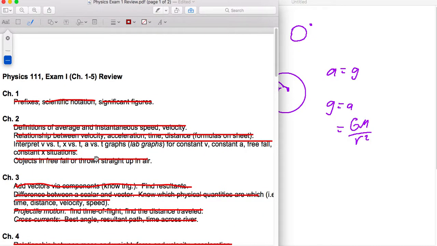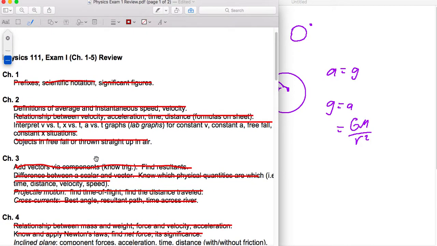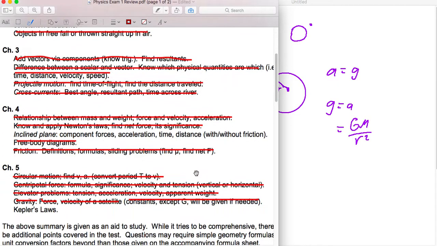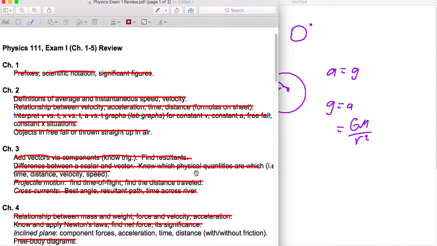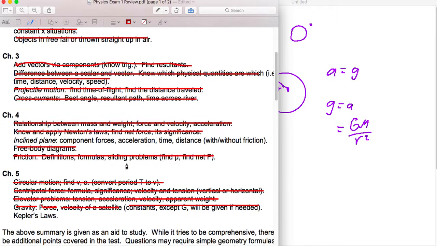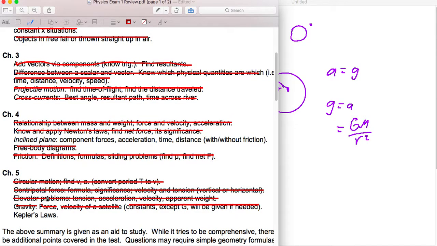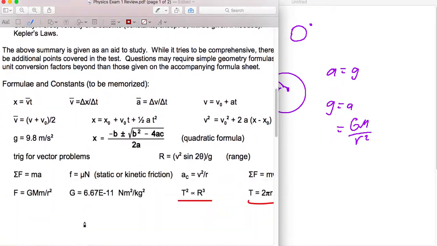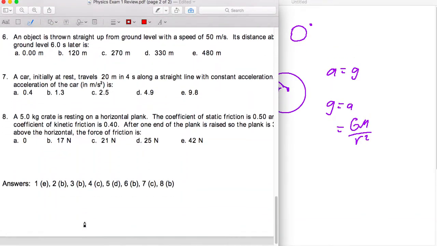I don't know about your professor specifically, so let me know if they did, or if you want me to cover that to a little bit more extent. But so far, we were able to cover all of this, except the inclined plane and Kepler's law extensively.